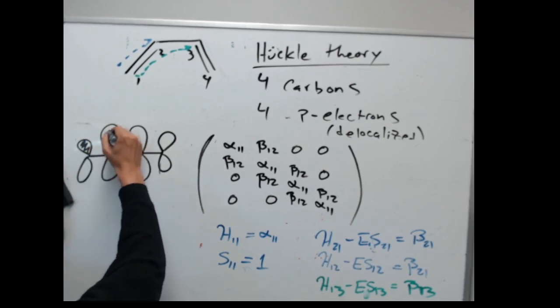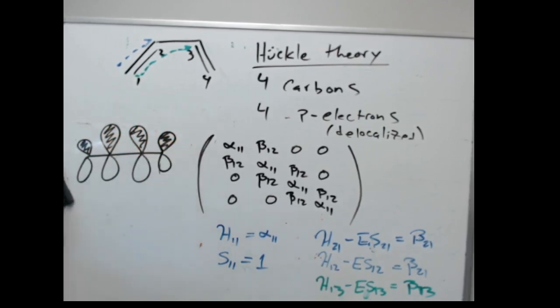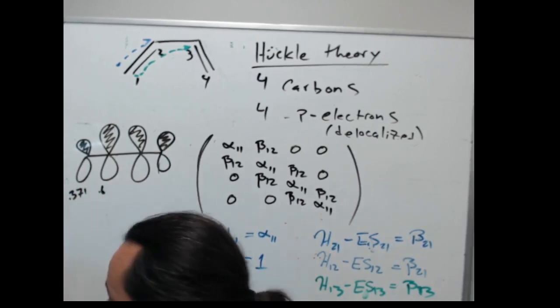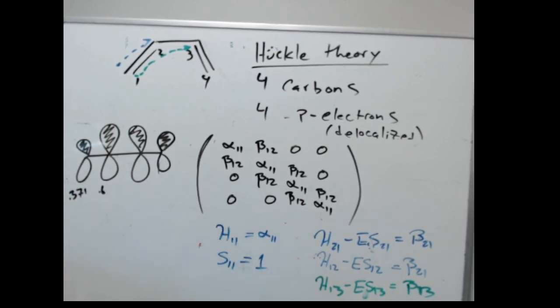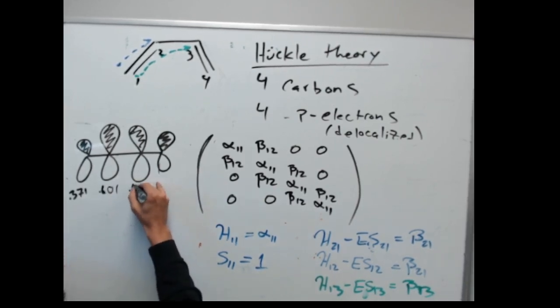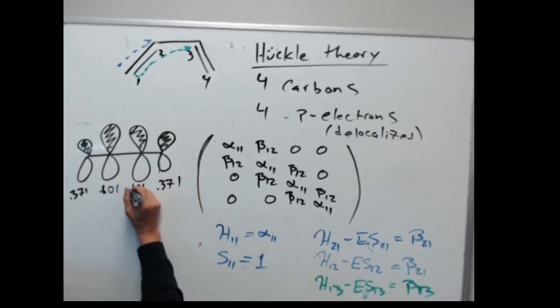Pretend I can draw, please. All the same phase, the vector we solve for is 0.371, 0.601, 0.601, and 0.371. That's one of our possibilities, right?